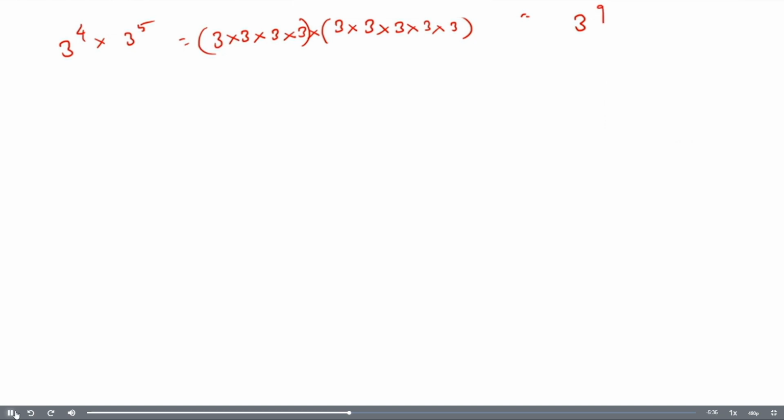This is nothing but 3 to the power 4 plus 5. This is the example. And one more thing: 3 to the power minus 5 is equal to 1 by 3 to the power 5, which is equal to 1 by 3 into 3 into 3 into 3 into 3.